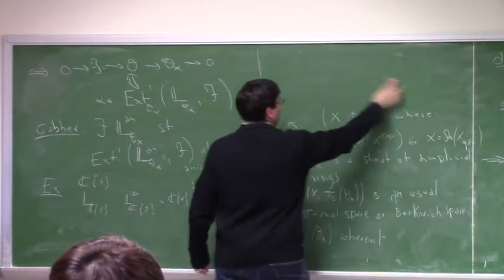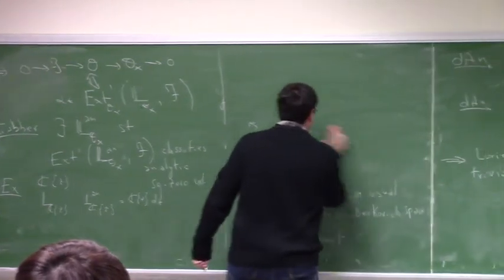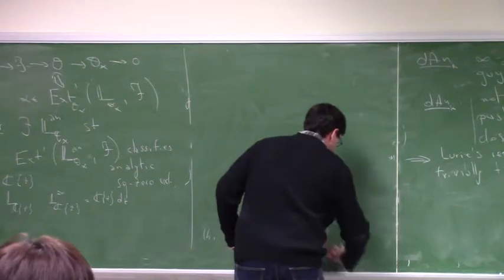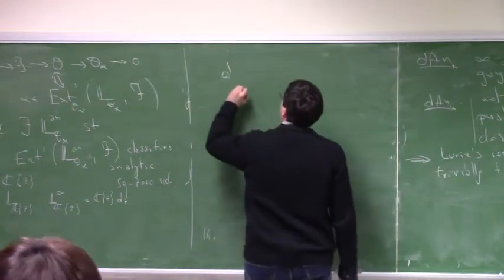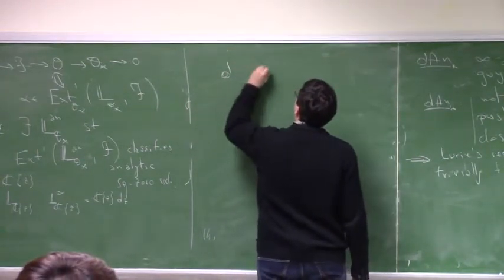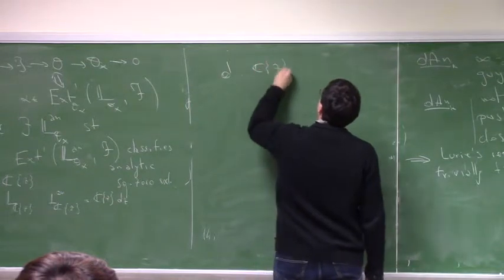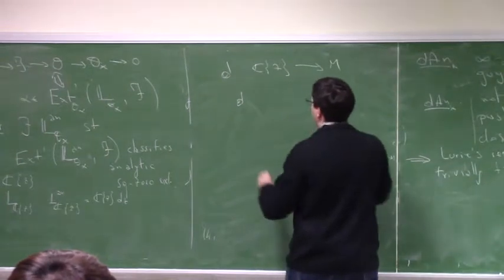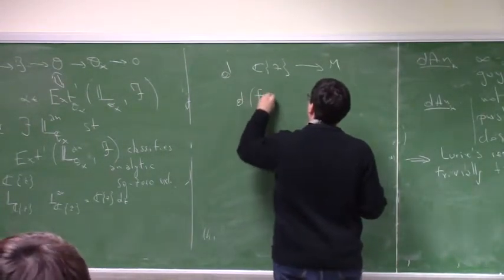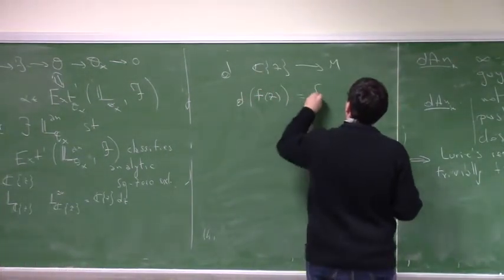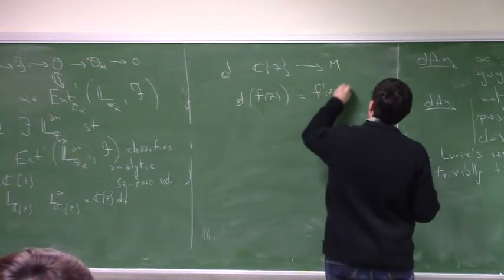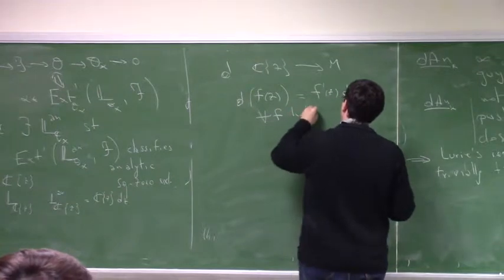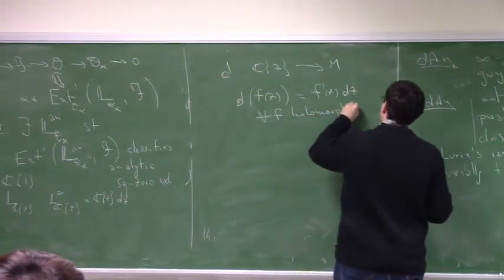And morally it is something like this: if I give a derivation of C{z} with values in M, instead of just asking the Leibniz rule, I would like to ask that the derivation satisfies a chain rule for every holomorphic function f.